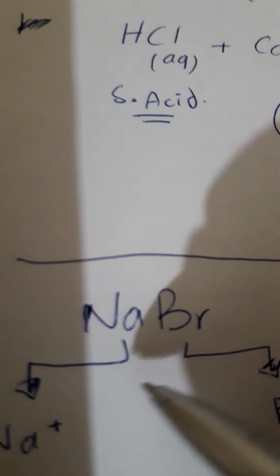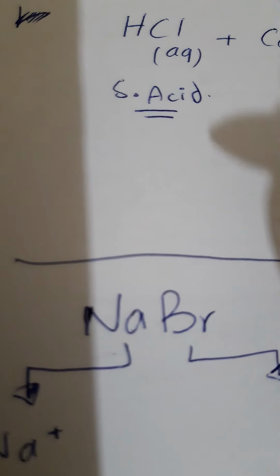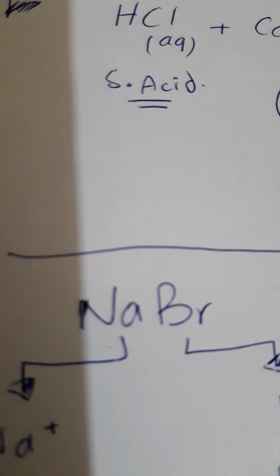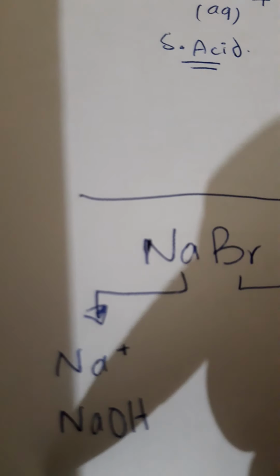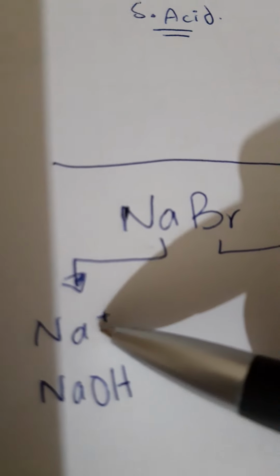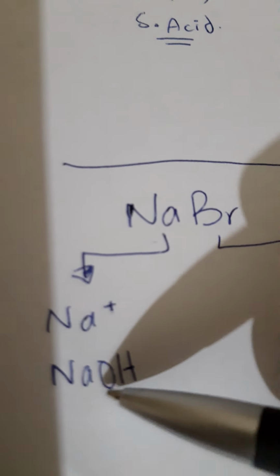عيد من اول. عندنا سولت اسمه صوديوم بروميد NaBr. To decide if the salt is acidic or basic or neutral, the first step is to break it down into ions. Sodium ion, bromide ion. For the positive ion أعطيها hydroxide, صارت NaOH.